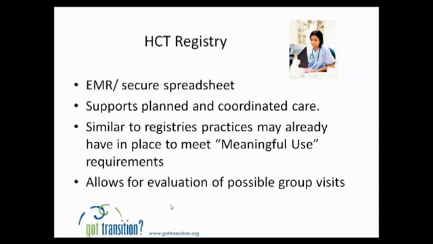So this next piece is about a registry, and many adult practices are already using registries that are either built in through their electronic medical record or through a secure spreadsheet. These things are part of the patient-centered medical home certification process and are really required in order to meet criteria to maintain their medical home certification and also to meet meaningful use requirements.